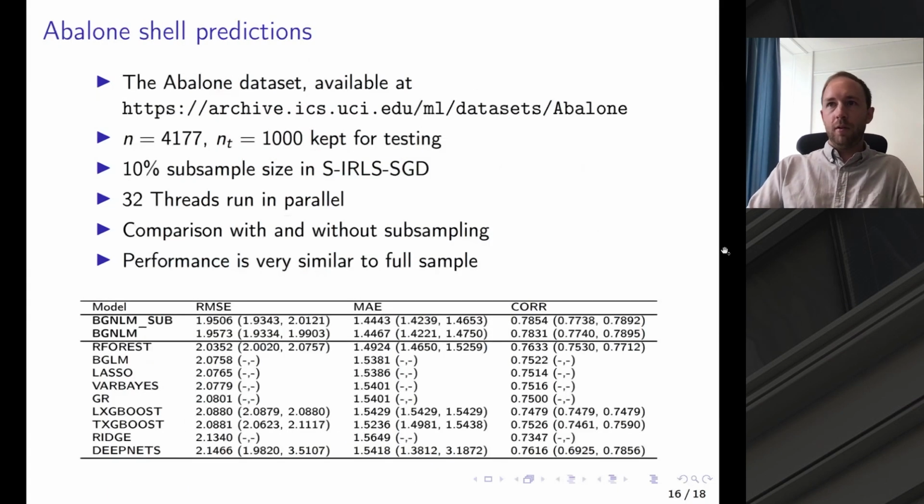The final example, we have the abalone shell dataset. It's available at the URL here. It's quite a common dataset to use for evaluating different machine learning methods, testing for prediction. We have 4,177 observations, and we kept 1,000 of these for testing.